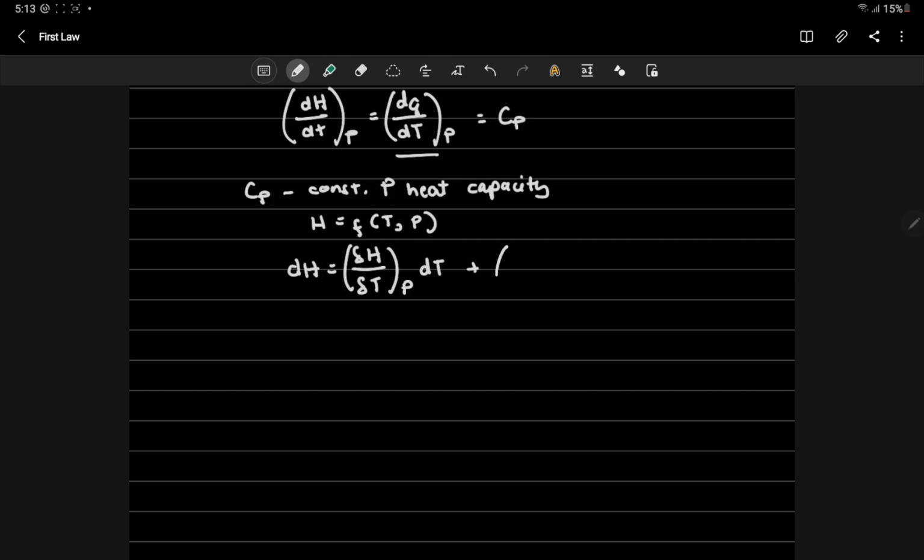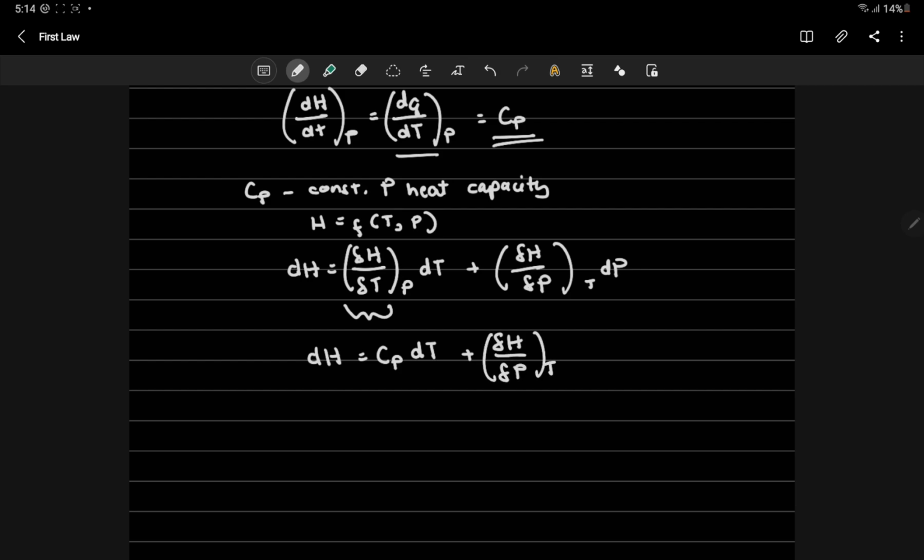Plus, we now vary the second variable, pressure, so with respect to pressure at constant T, dP. But what is this term here? The partial of H with respect to T at constant P. Isn't that Cp? So therefore, our dH becomes Cp dT. And then, of course, you still have the remaining term, the partial of H with respect to P at constant T, dP.